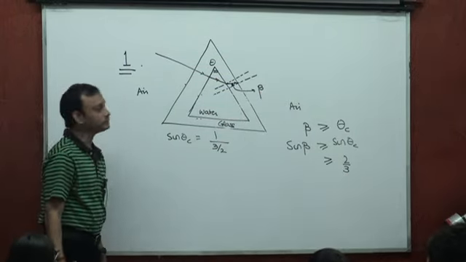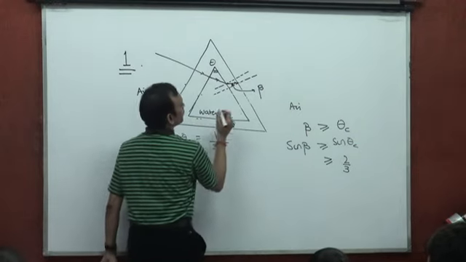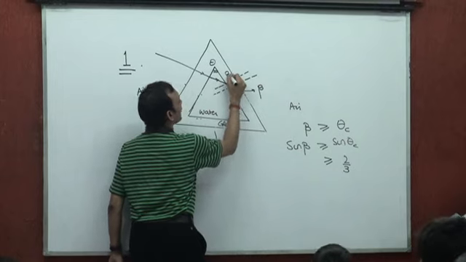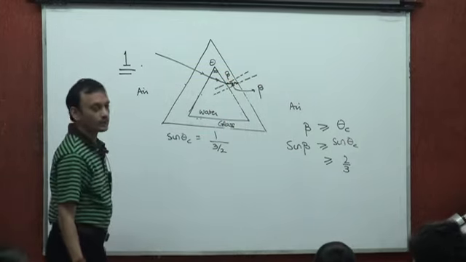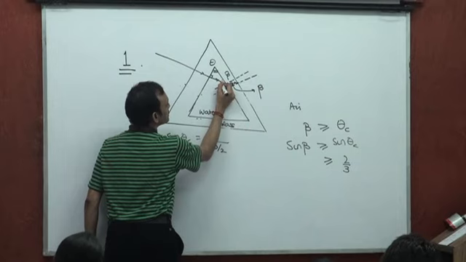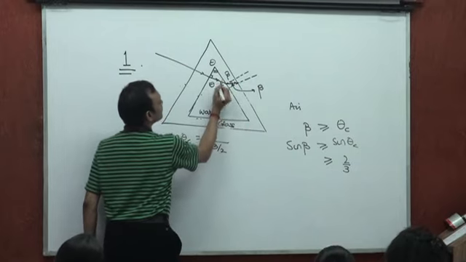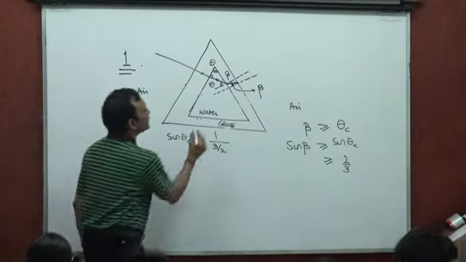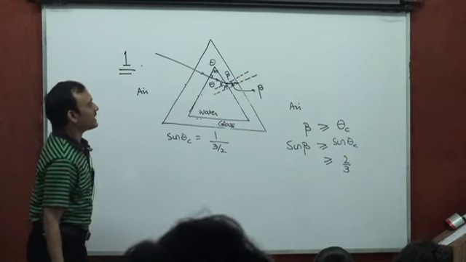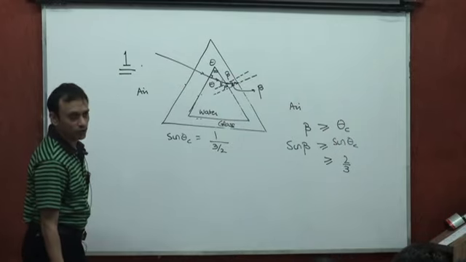Yes or no? Now, realize that if this angle is beta, this angle is also beta, alternate angles, right? And then this angle theta, this is 90 degrees, this is 90 minus theta, so again, this angle is theta. So then, at this point P, theta is the angle of incidence and beta is the angle of refraction.